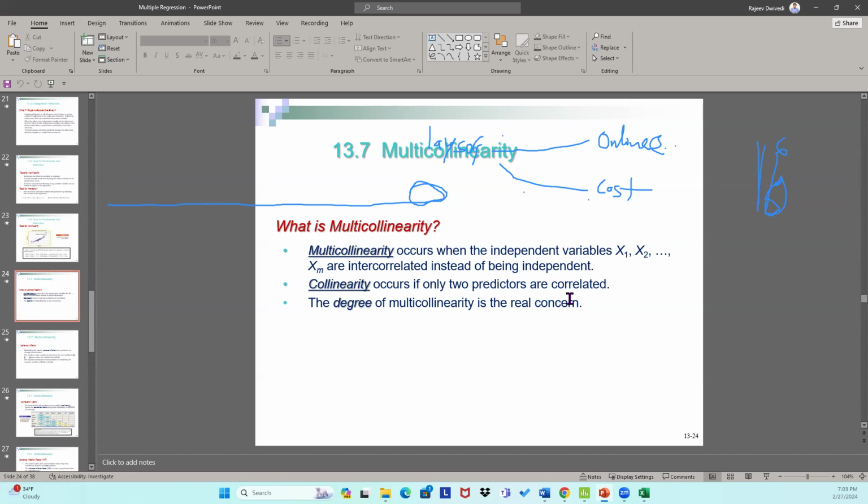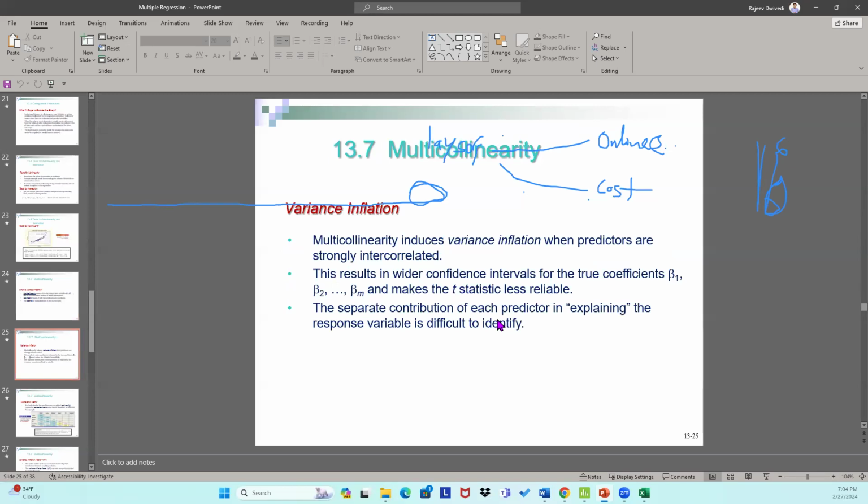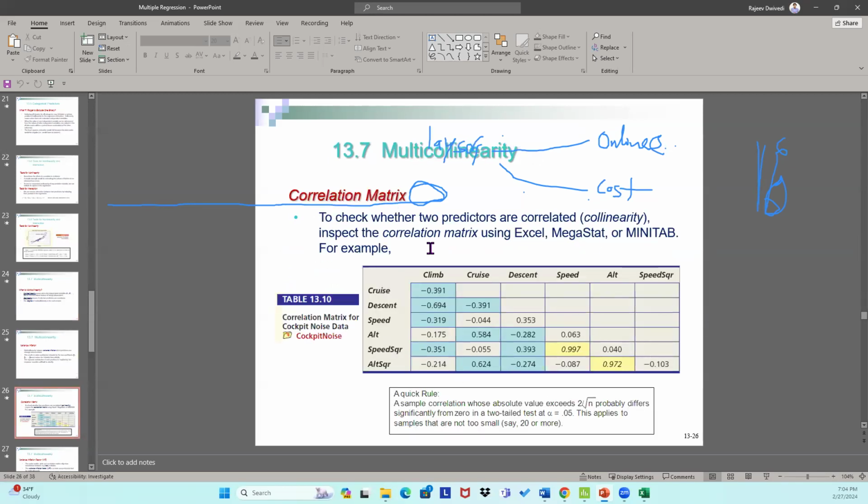Like I said, online courses and cost effective courses are highly intercorrelated, because those online courses are for the masses, therefore $10, $20, $5. Collinearity occurs if only two predictors are correlated. Now we can clearly understand this. You can see this is 0.9, 0.99, and therefore this is highly multicollinear because they are almost the same, almost 100% the same.